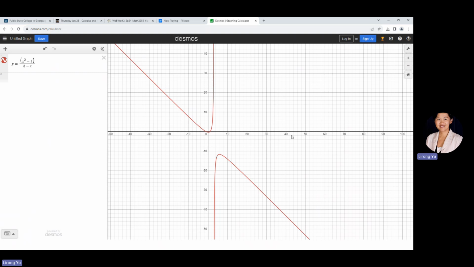What it does is, you see, that one goes that way, this one goes this way. So on the positive infinity side, it goes down, so that's negative infinity. On the left side, at negative infinity, it goes to the positive. So it's infinity and infinity, and this is what we're calculating.